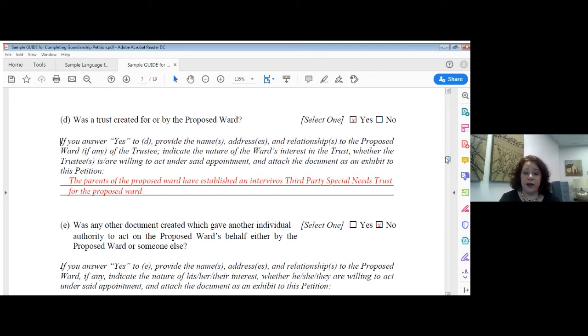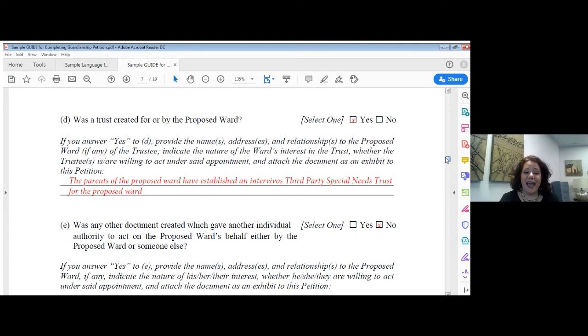And you'll notice there it also says attach the document as an exhibit to this petition. So we want to answer the question first of all. So I'd say the most common scenario for me is that my clients have done their estate planning and they do have a third-party special needs trust that's there for their child. It has a little bit of money in it or doesn't have any money in it yet whatsoever because it's just part of their estate plan.